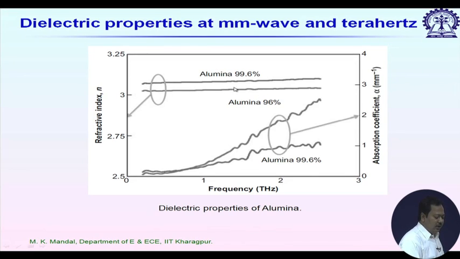If I look at the epsilon r values, it is more or less constant over this frequency range, and the absorption coefficient, which actually represents the loss tangent, increases, but not that bad, particularly if I consider below 1 terahertz. That is why alumina is a very popular substrate at millimeter wave frequencies.